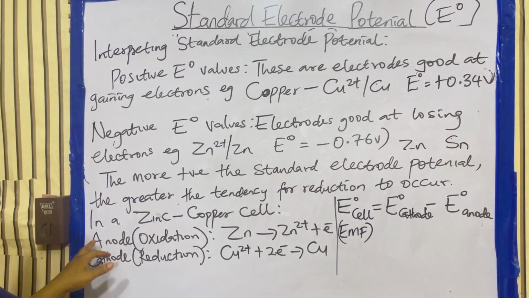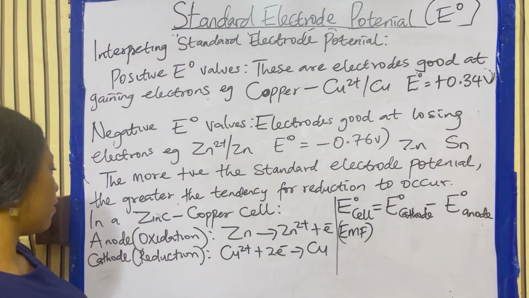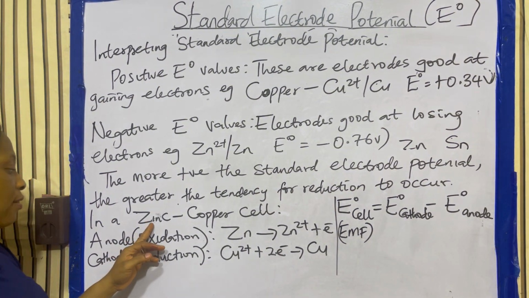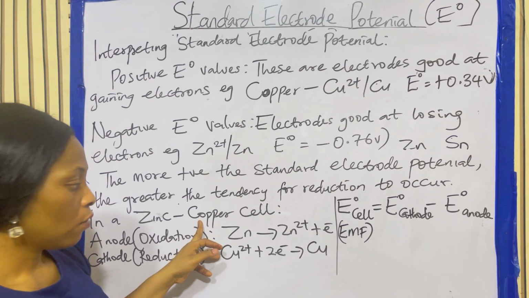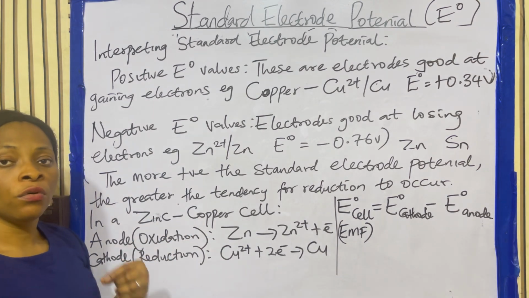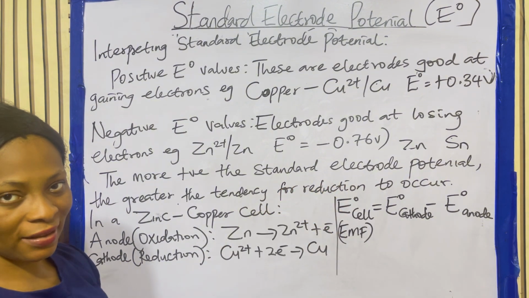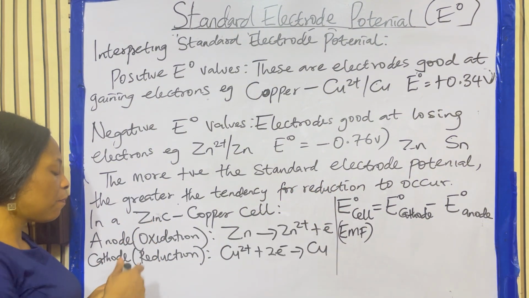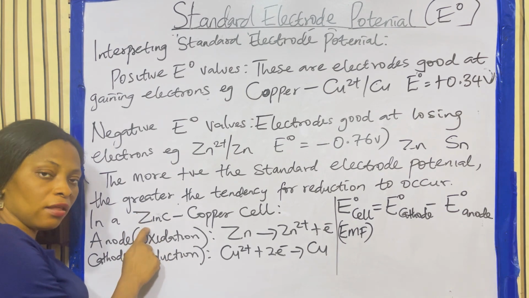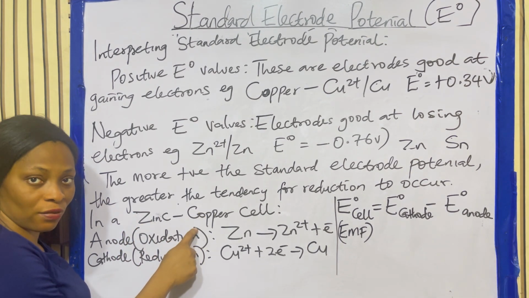Okay, now let's look at a zinc-copper cell. Remember, zinc and copper. Zinc is higher than copper in the electrochemical series. So zinc is going to lose easily and copper is going to do what? Gain. Are we together? So this one that is going to lose is the anode and this one that is going to gain is the cathode.